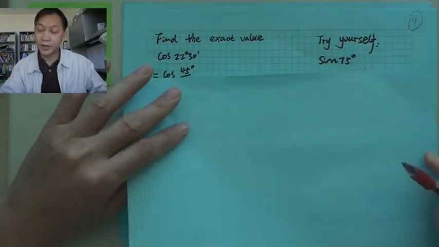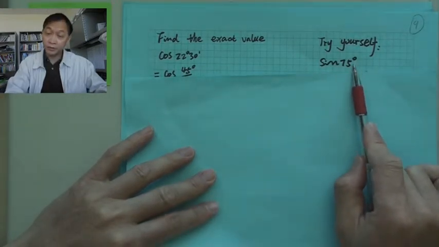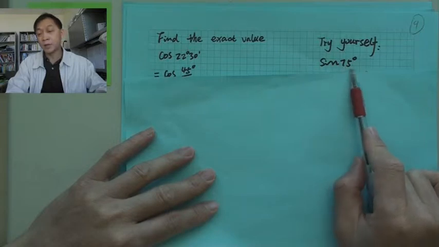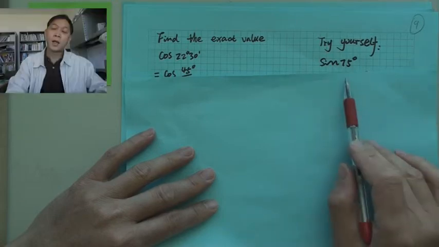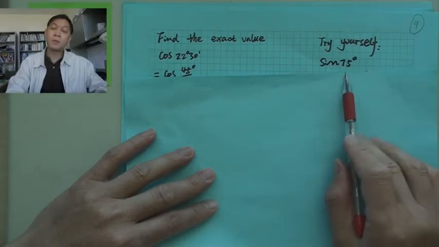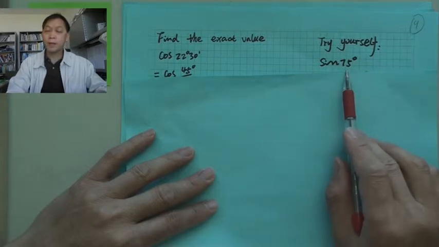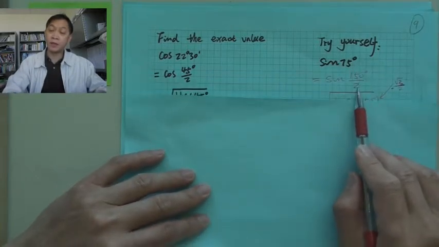This one you got to enjoy yourself. 75 degrees. You can actually do this in 2 different ways. Maybe only one way. Okay. 75 degrees is 150 degrees divided by 2.